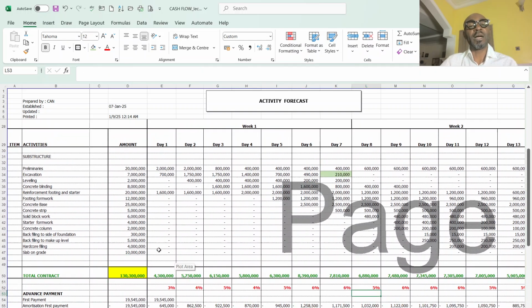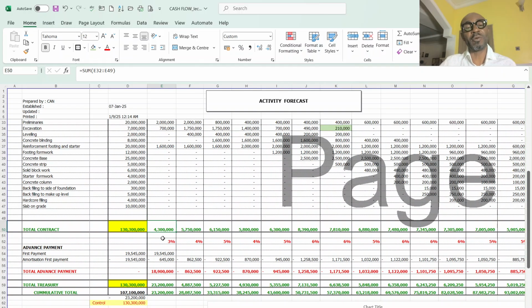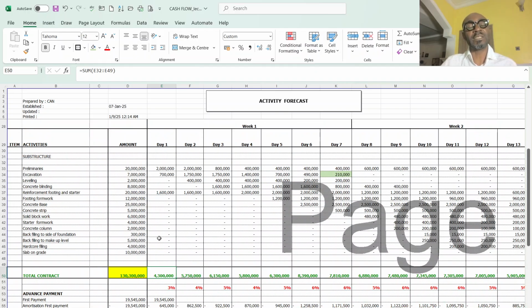So now, let's assume these days are months and I needed to put in an invoice. In month one, I'm expecting to take 4.3 million for the work I have done in that month.